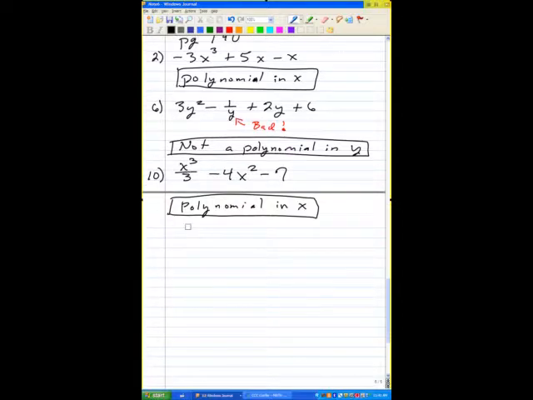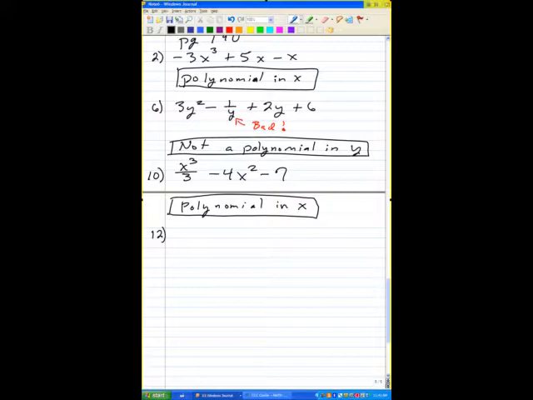Let me do problem number 12. And so in exercises 11 through 18, write the polynomial in descending order of powers of the variable.